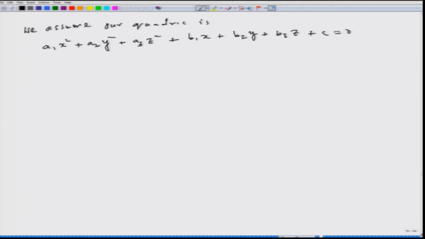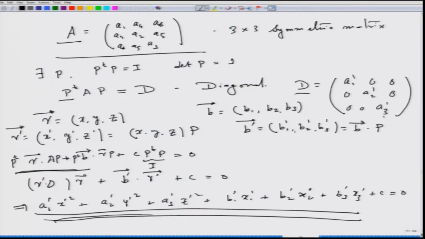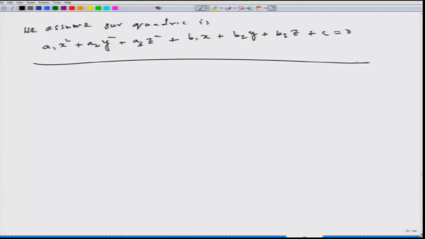So, I have not done anything, I have just gotten rid of the prime, and we will assume that our equation is in this form. So, let us call this star.